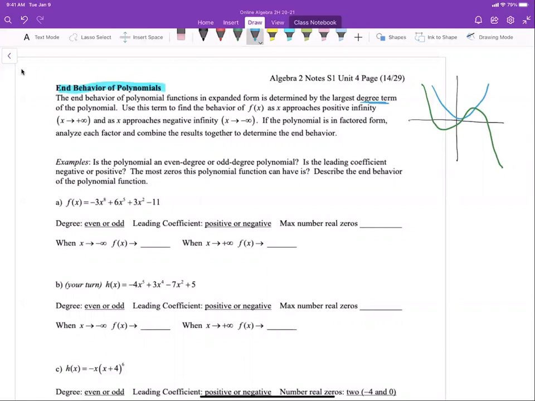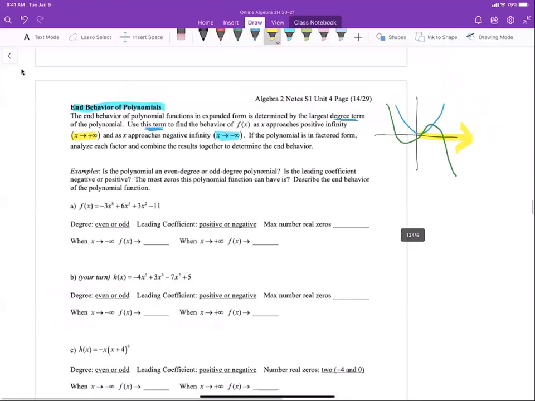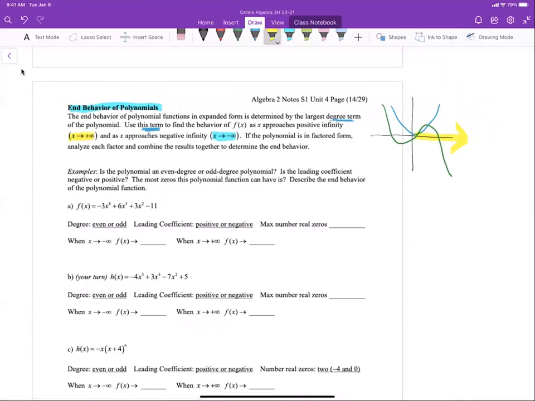We're going to use that term to find the end behavior of that polynomial as x approaches infinity. So as x approaches positive infinity, and as x approaches negative infinity. So what does that mean? Over here to the right, as x approaches positive infinity, what is my output doing? Well, in one situation, I am going towards positive infinity.